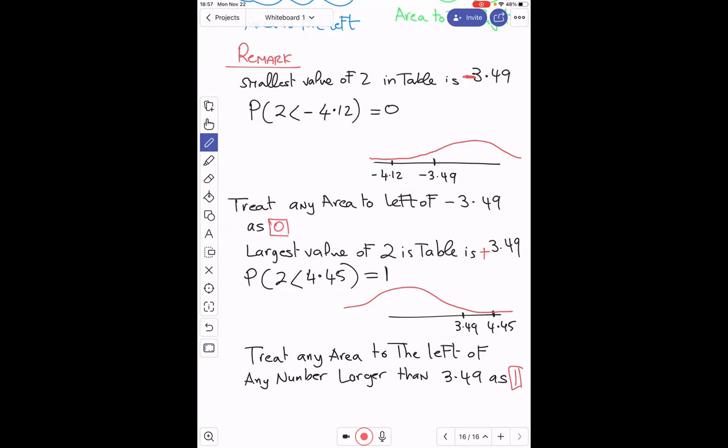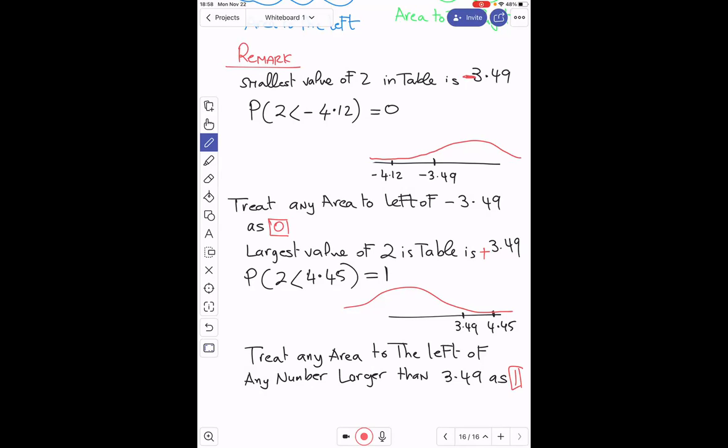So if you have a number which is less than negative 3.49, the probability that your z is to the left, the area of the region, is 0. If you have a number which is larger than positive 3.49, then the probability that your z is on the left of that number will be equal to 1. As you can see in this table, for 3.49 the area is like 0.9998, so it's very close to 1.